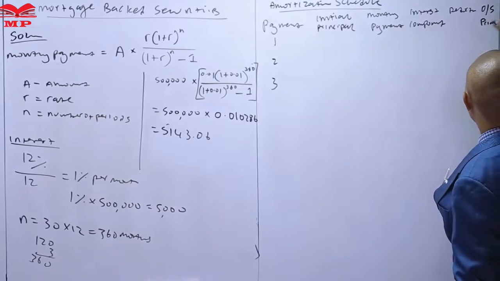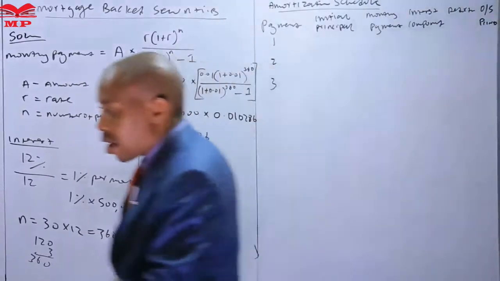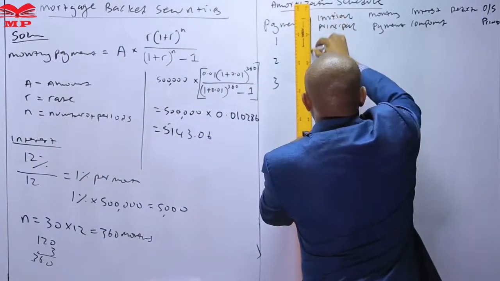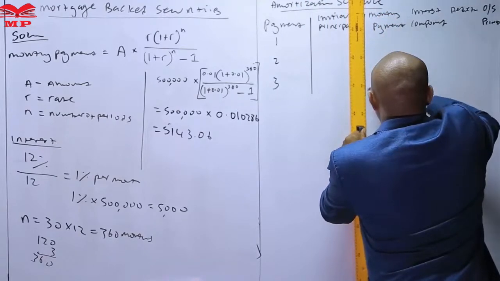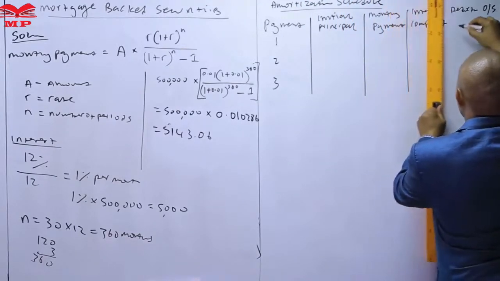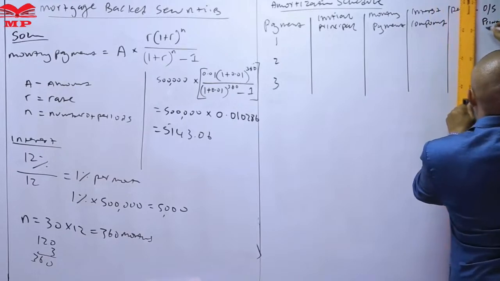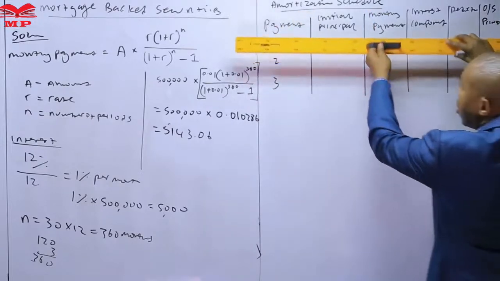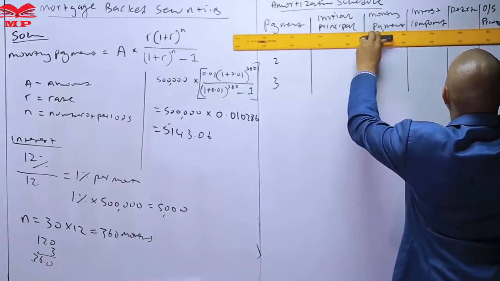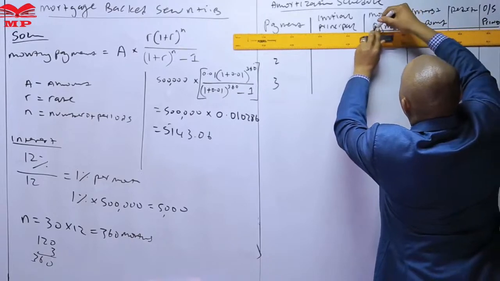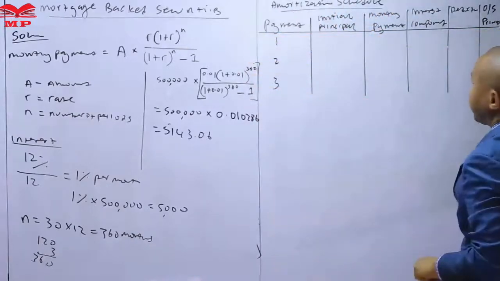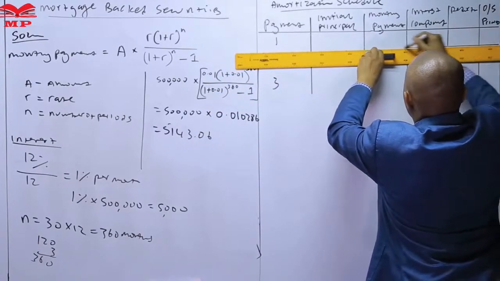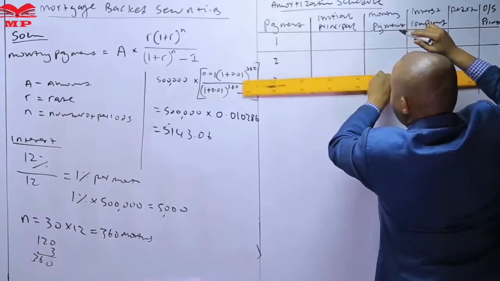So what we can do, we can now use the ruler so that we can just distinguish briefly the columns. This is outstanding principal, this column right there. It represents the first payment, the first month.